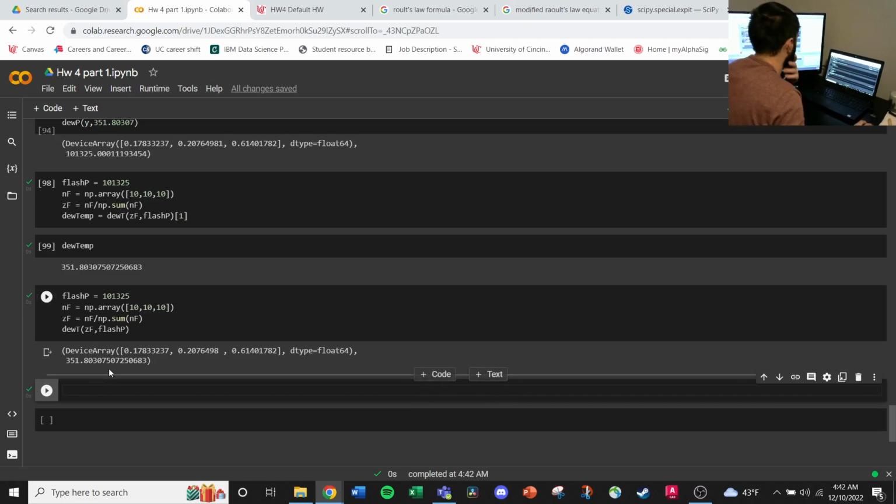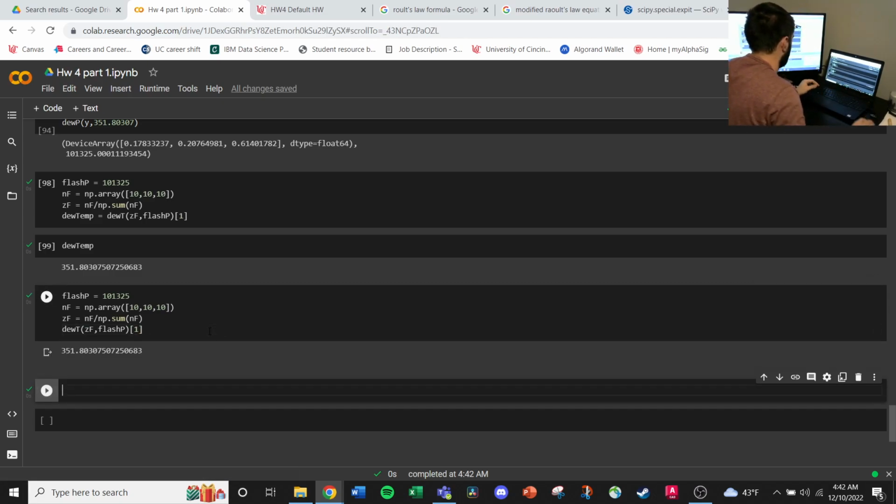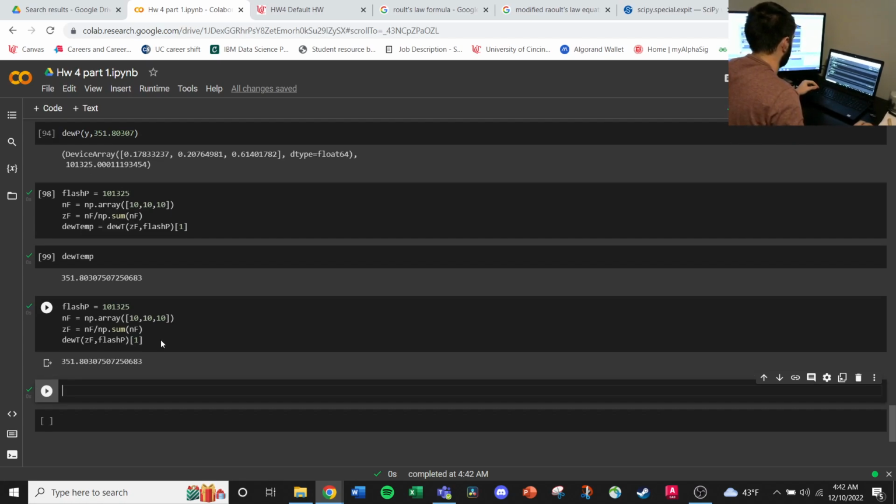And if we remember, for dew temperature, we actually output the mole fractions as well as the temperature. So an easy way to store just the temperature, which is what we want here, is to take the second term, which is the temperature. So if we put a little 1 there, we'll be left with just the temperature.